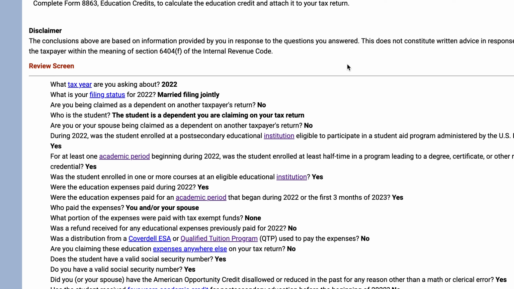So you can get hit with accuracy related penalties or negligence. You can, in the case of certain refundable tax credits, be barred from claiming those in a future year, even if you're eligible for a tax credit in that year. So please be careful.